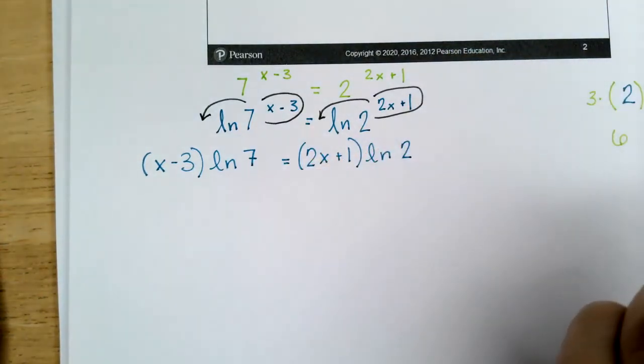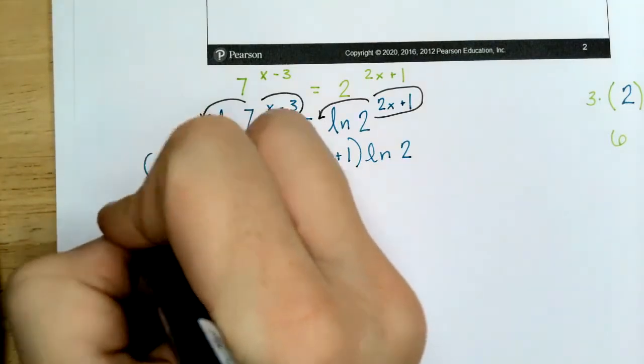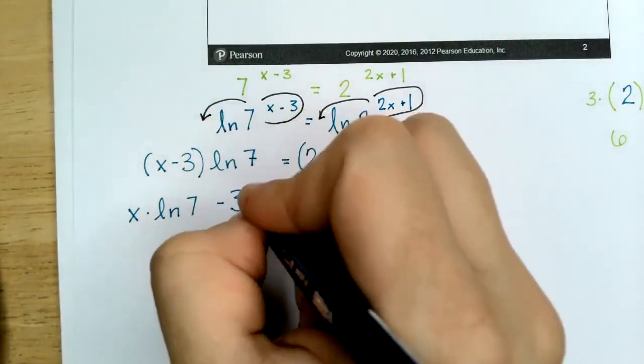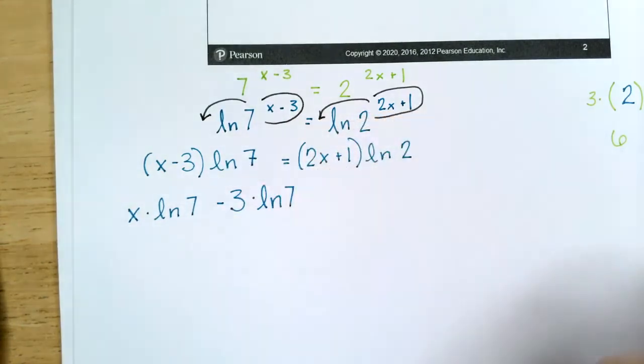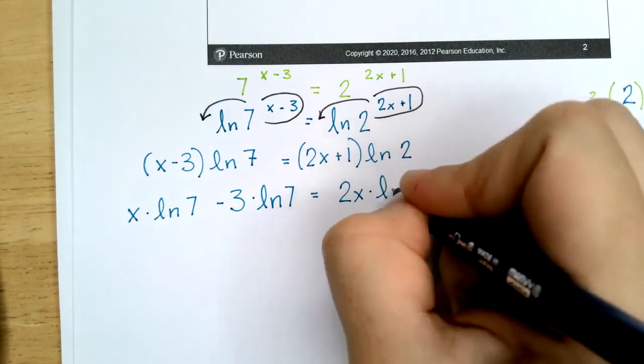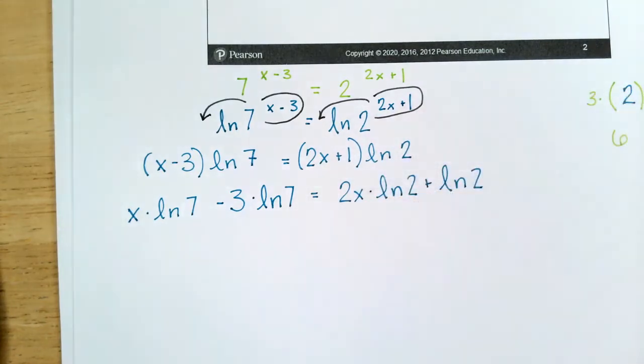Good. Let's distribute that out. So now I have x times the natural log of 7 minus 3 times the natural log of 7 equals 2x times the natural log of 2 plus the natural log of 2.